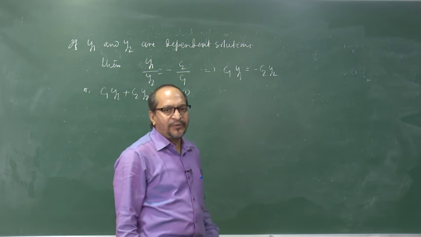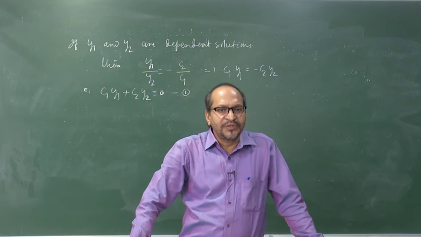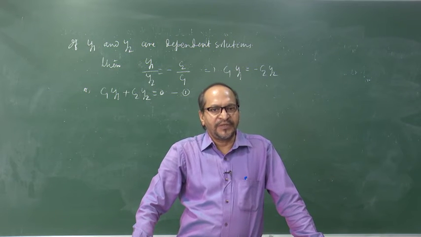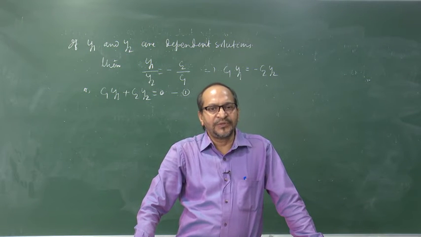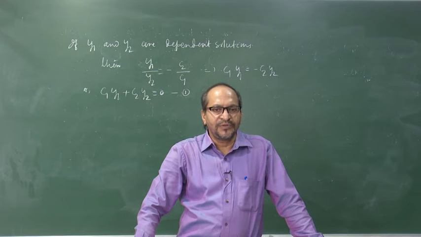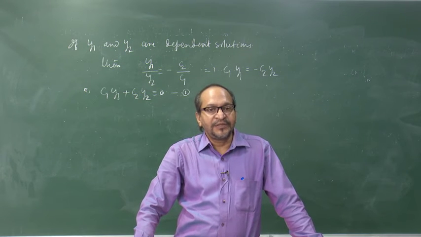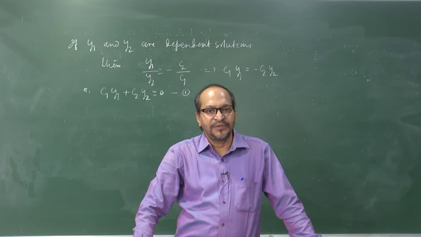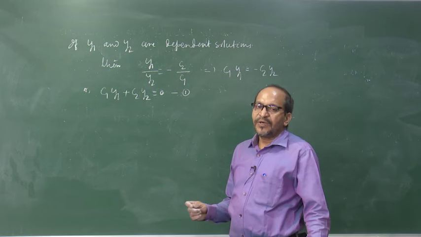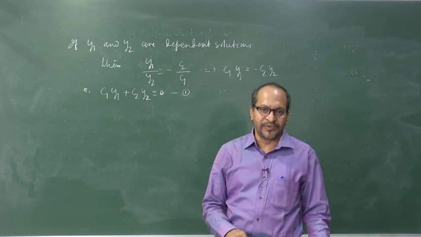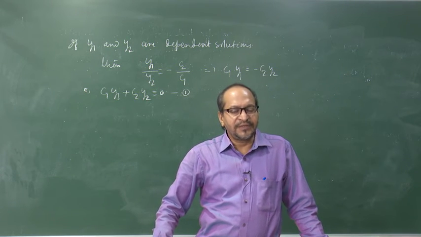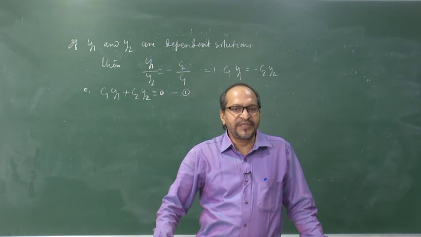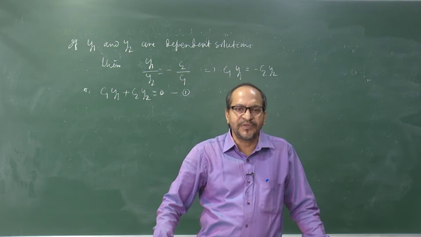So, if y1 and y2 are two dependent solutions, we can always express them in this form: C1 y1 plus C2 y2 is equal to 0. While when they are independent, C1 y1 plus C2 y2 is the solution y of the differential equation. Now, y1 and y2 are solutions of the second order differential equation, which means their second derivative exists, so the first derivative must exist.